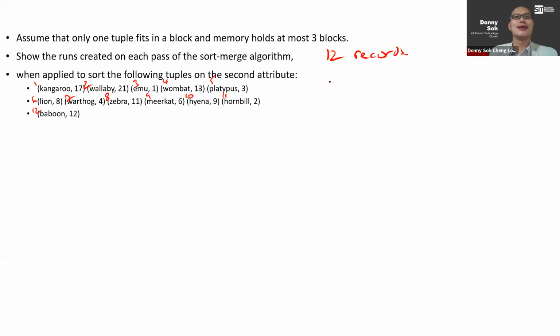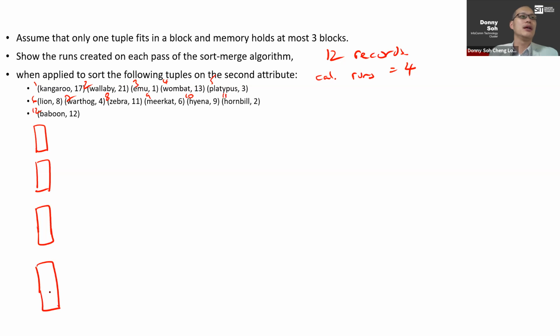The first thing we do is calculate runs, so the number of runs will be equal to 4. In each run, we will have 3 records. For simplicity, I'm just going to write down the numbers.